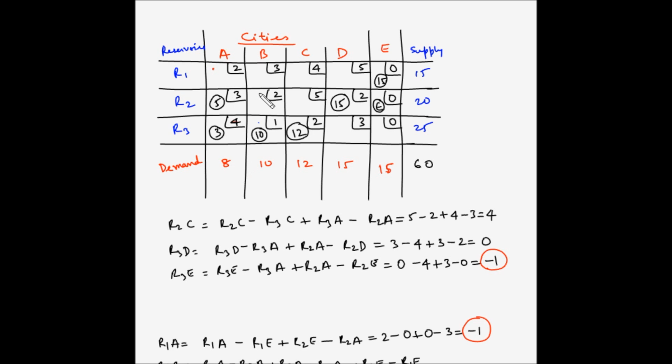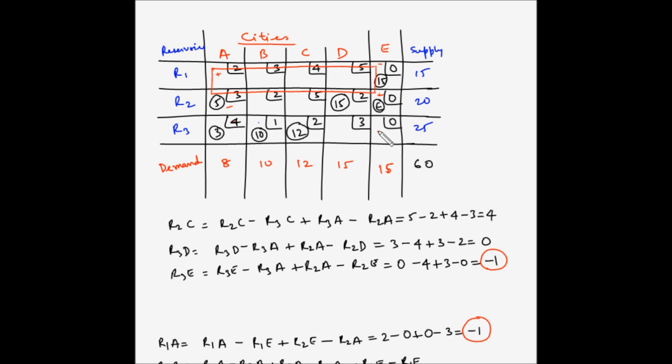So R1A and R3E. For R1A, the closed loop is R2A, R2E, R1E, and R1A, plus minus plus minus.